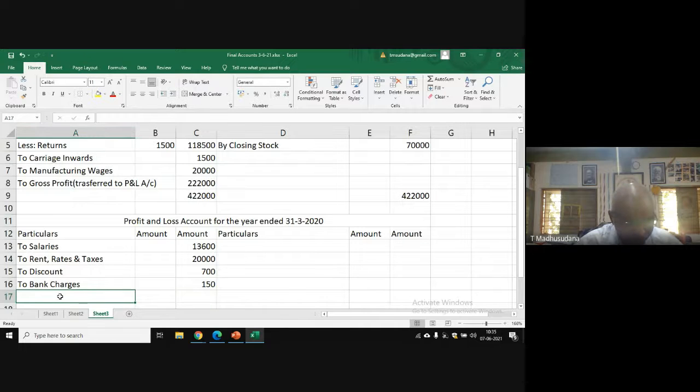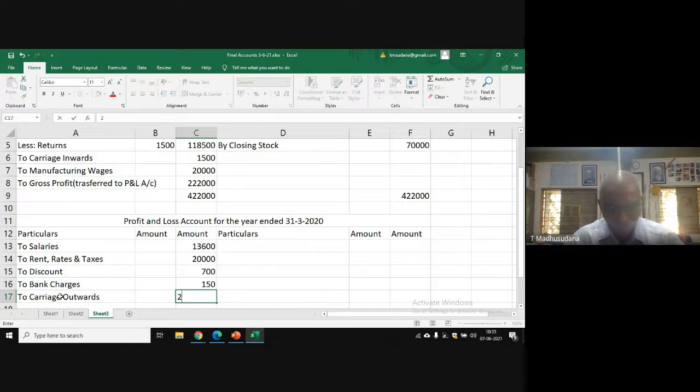Next, to carriage outwards. Carriage outwards means carriage on sales, 2,400.